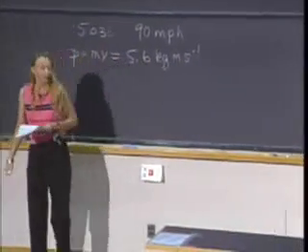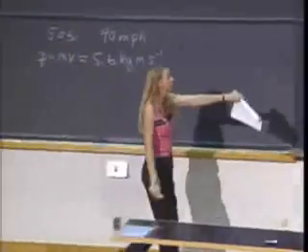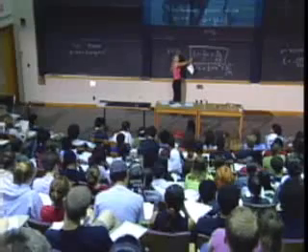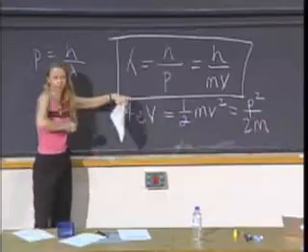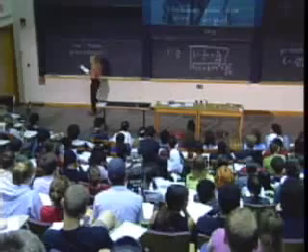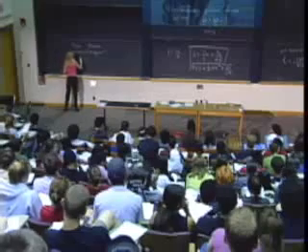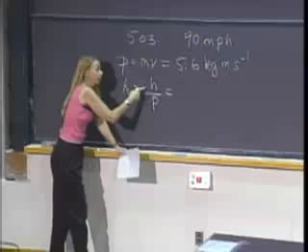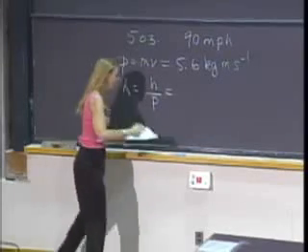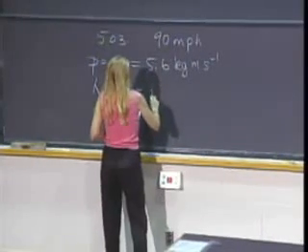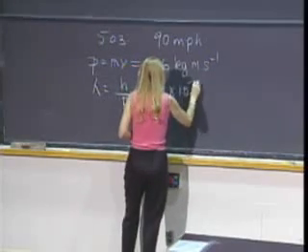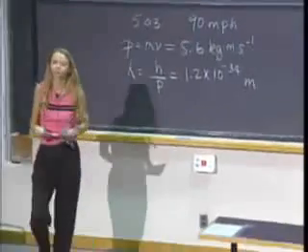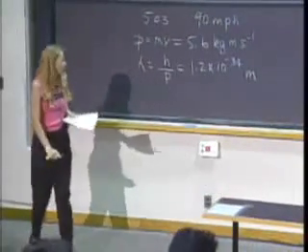All right? And then we're going to use de Broglie's relationship right here to calculate what the wavelength is of that pitched baseball. Lambda is equal to h over p. If you put in this p, put in h, that comes out to be 1.2 times 10 to the minus 34 meters. Okay, pretty small. But what do we know?